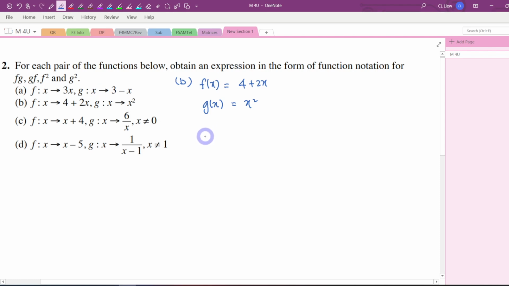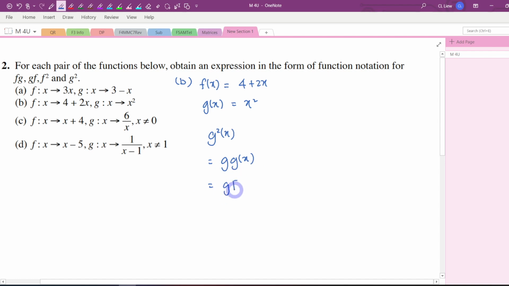Now let's find g squared of x. As I told you just now, don't do it this way. If you copy this one and square it, this is not correct. This means g of g of x, the function g applied two times.